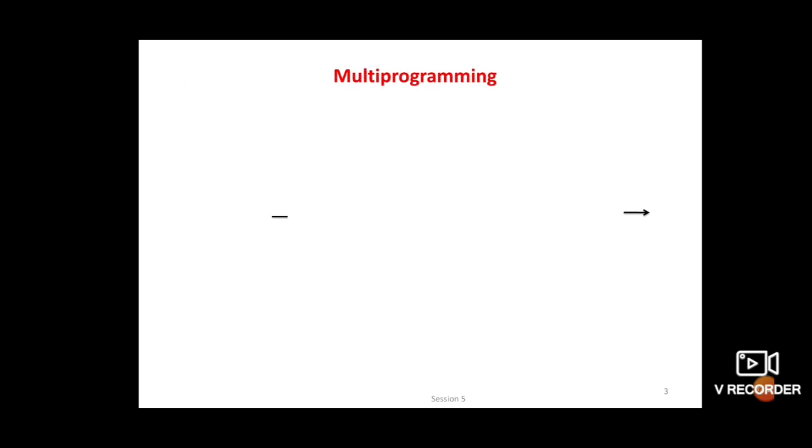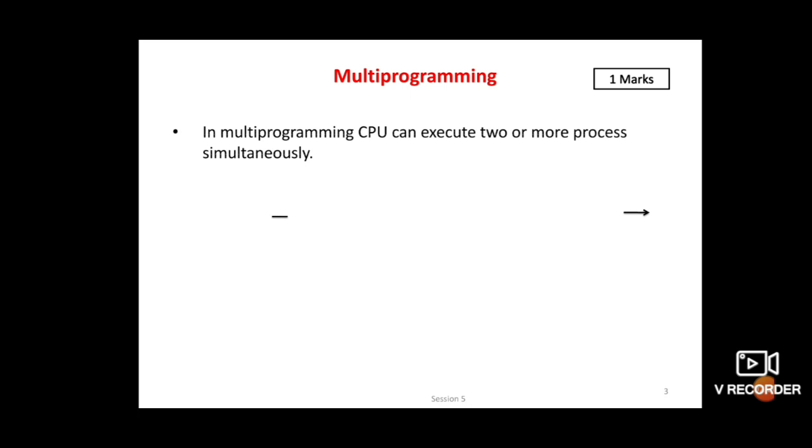Now, the next topic is multiprogramming. Multi means more than one. In multiprogramming, the CPU can execute 2 or more processes simultaneously. It means more than one process can run simultaneously.